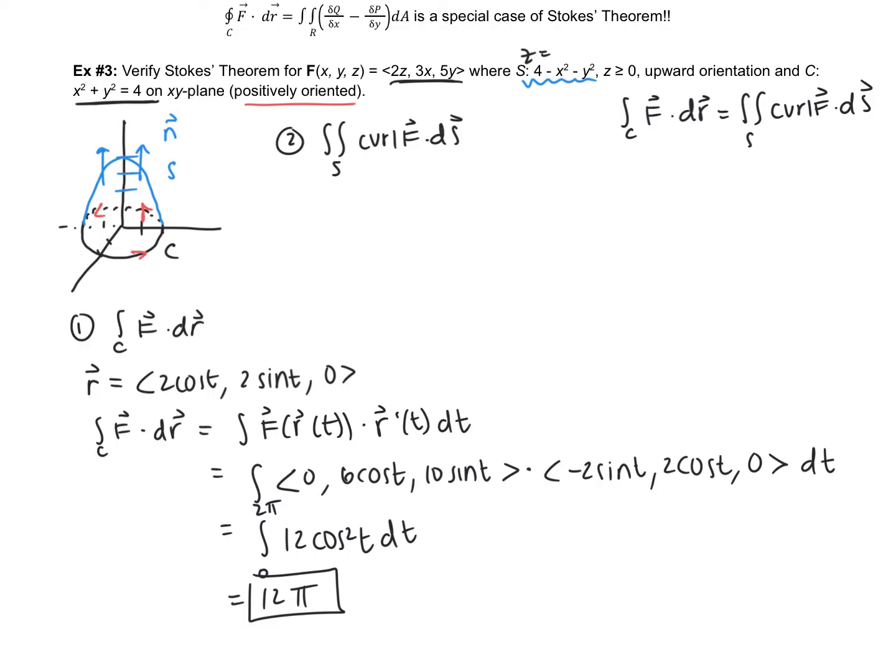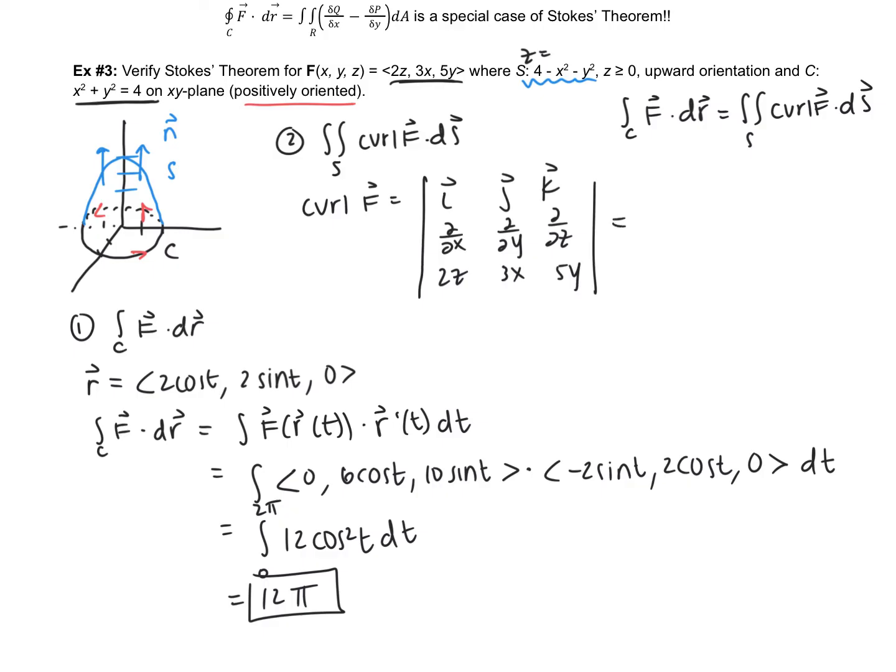So let's start like we have on all the other ones by calculating curl of f. Partial with respect to x, partial with respect to y, partial with respect to z of 2z, 3x, and 5y. I'm not going to focus on that calculation. If you trust me, you should get 5, 2, 3.